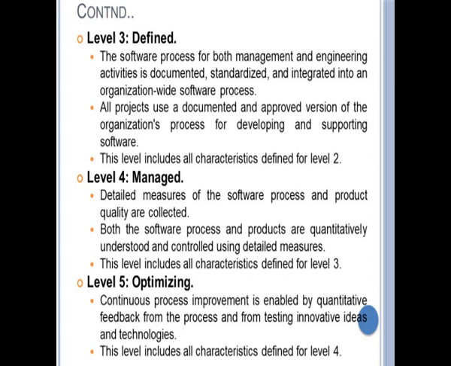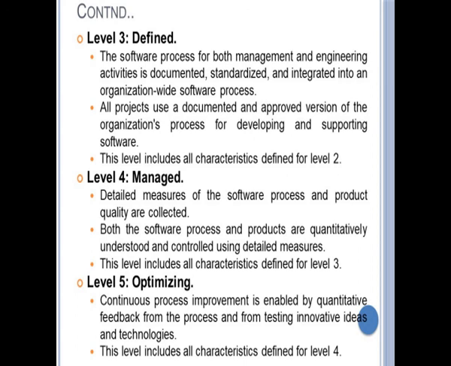The next higher level is CMM level 4. We call it the managed level. In CMM level 4 companies, the organization sets quantitative quality goals for both software products and processes.